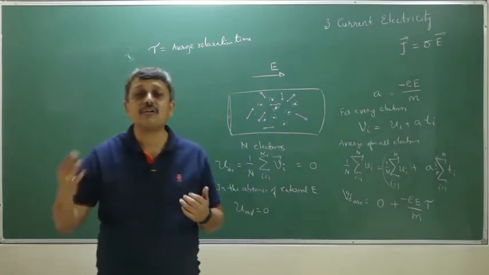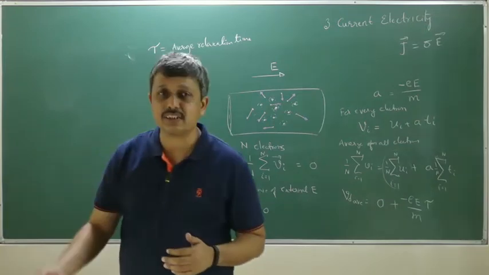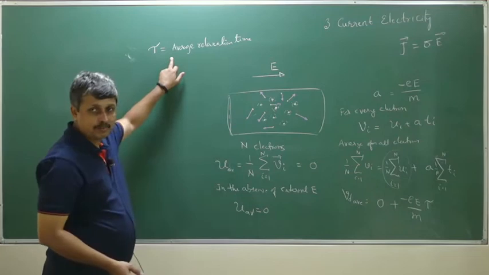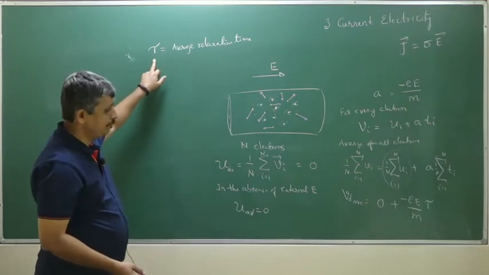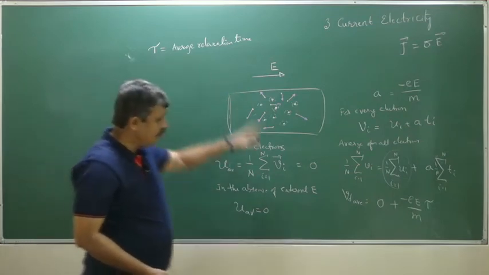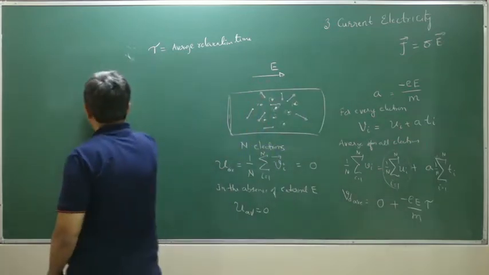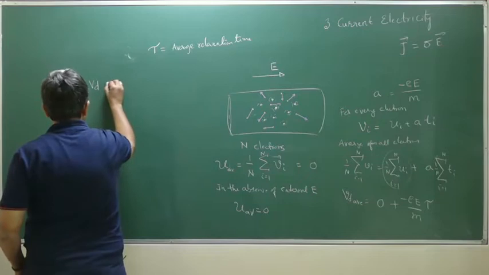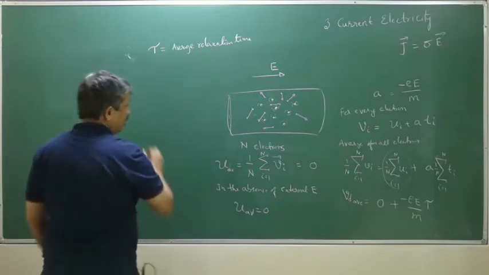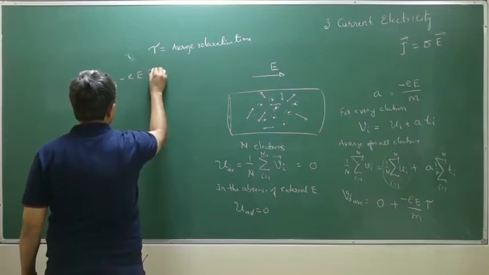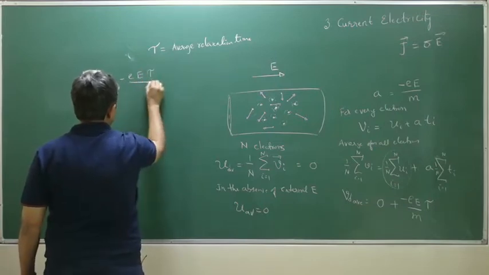So one collision to the next collision time is called the relaxation time. Average relaxation time is tau. So the drift velocity Vd average is nothing but minus E into capital E into tau divided by M.